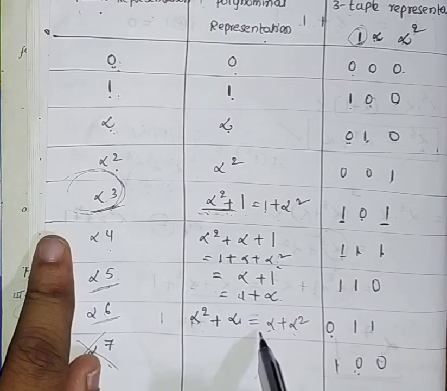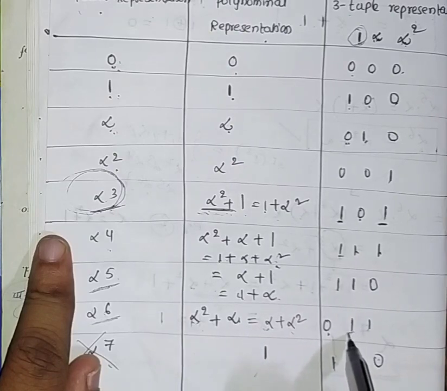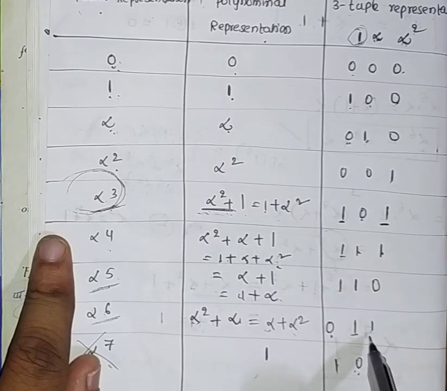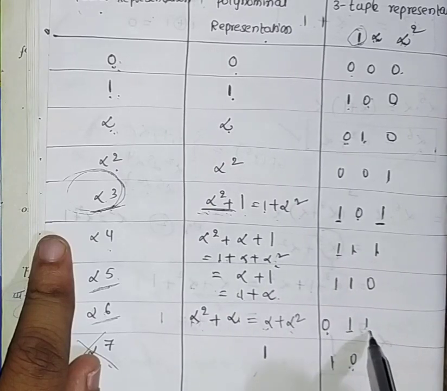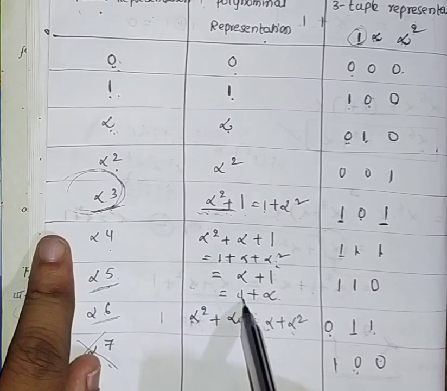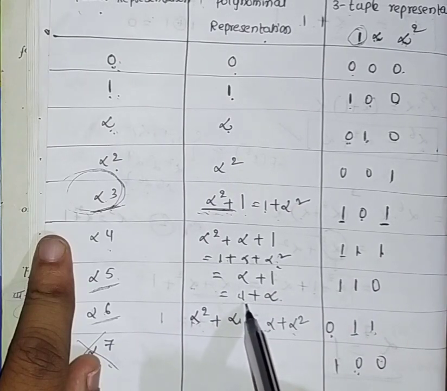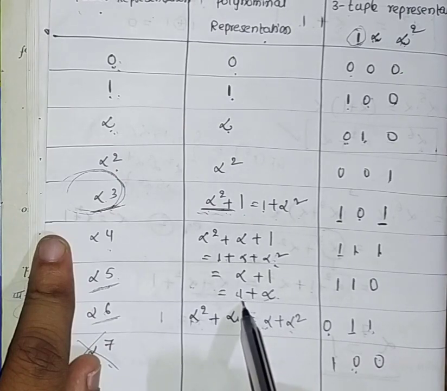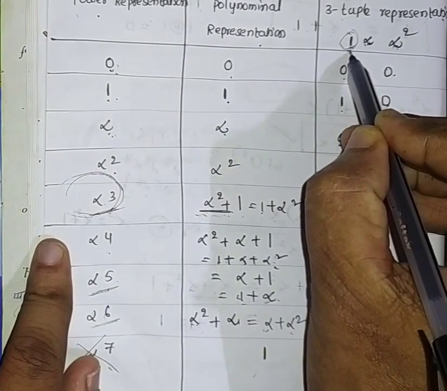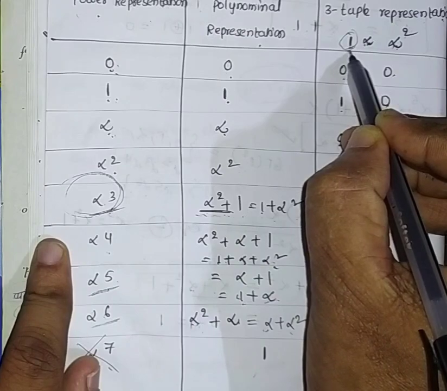There is no 1 term. So therefore, the coefficient of alpha is equal to 1, right? And the coefficient of alpha square is equal to 1. If you consider this polynomial, in this polynomial we have two elements. One is alpha and the second one is 1. Right? So the three terms are there in the tuple representation.